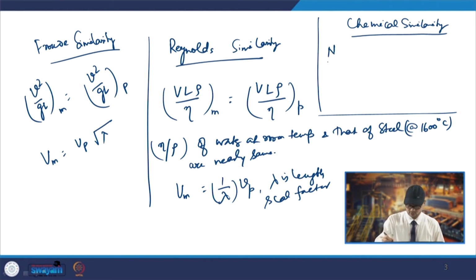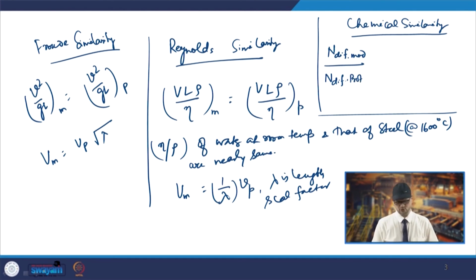Suppose you are talking about diffusion in the model, and you take the ratio with diffusion in the prototype. Similarly, you take the ratio for convection in the model and convection in the prototype, and likewise for the radiation quantity.